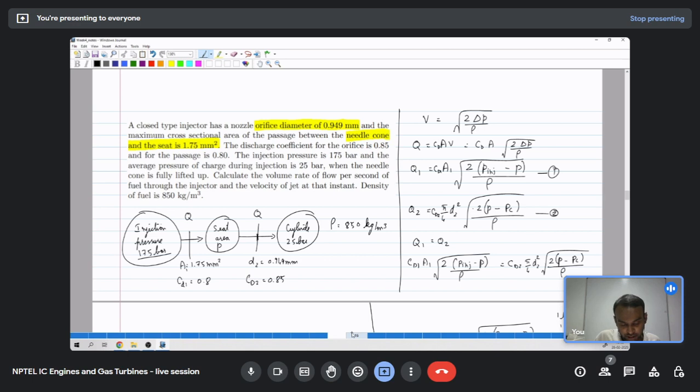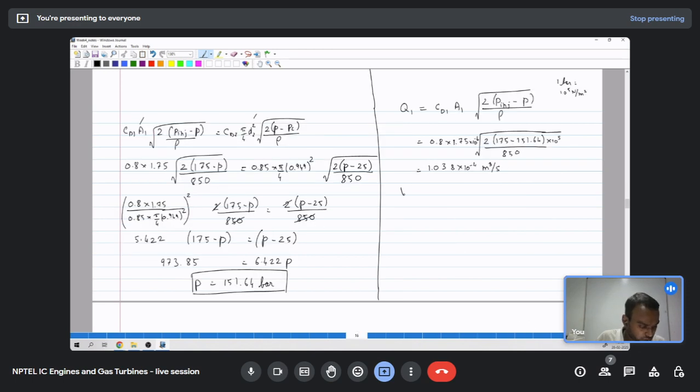And now you can calculate the jet velocity. So to calculate the jet velocity, we use V2 as under root 2 delta P, which is P minus P cylinder, divided by rho, and this is 2 into 151.64 minus cylinder pressure 25. To convert the bar to pascals, I have 10 power 5, divided by density.